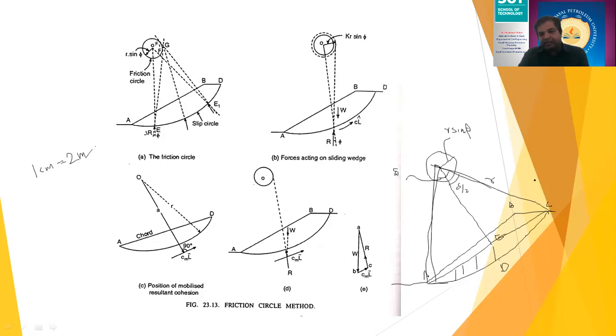Then the area of ABC you can also take, with BC and this horizontal length. The perpendicular length you can calculate easily, right? So if you do it, then you will get the value of W here, some value in kilonewton, right?